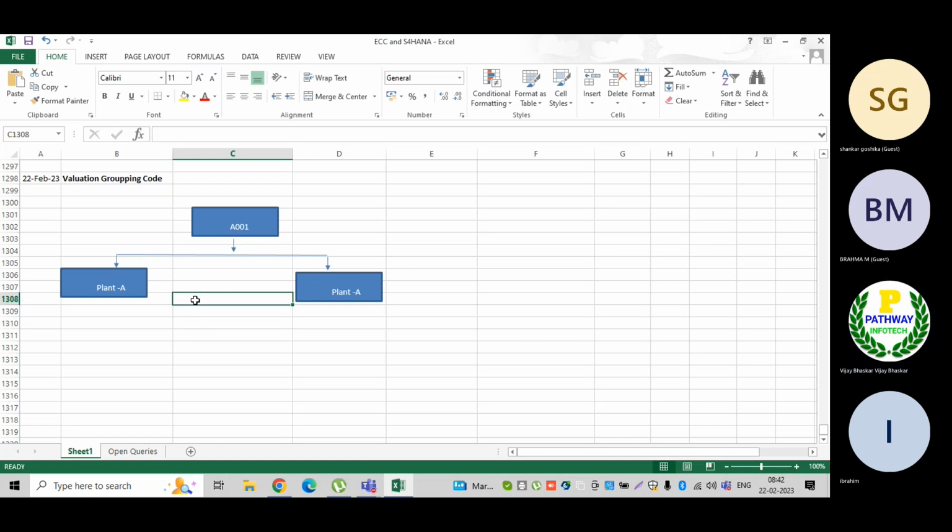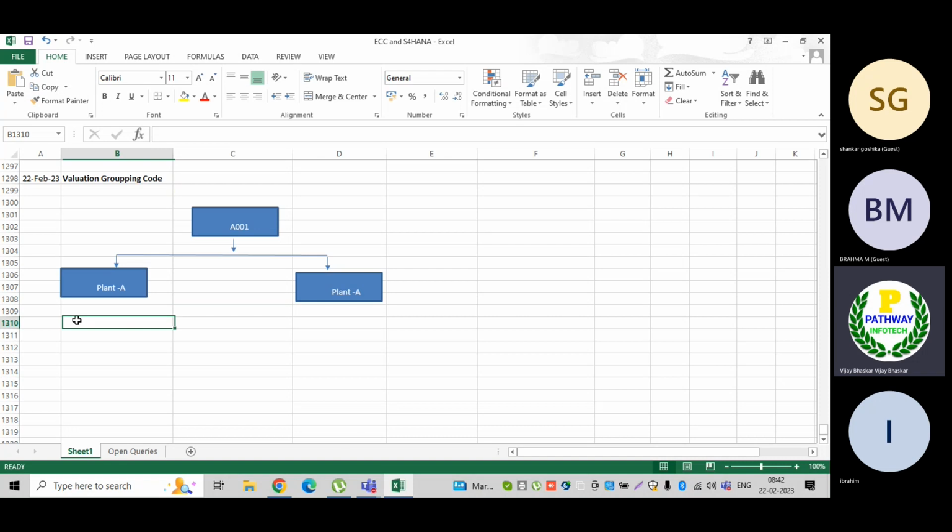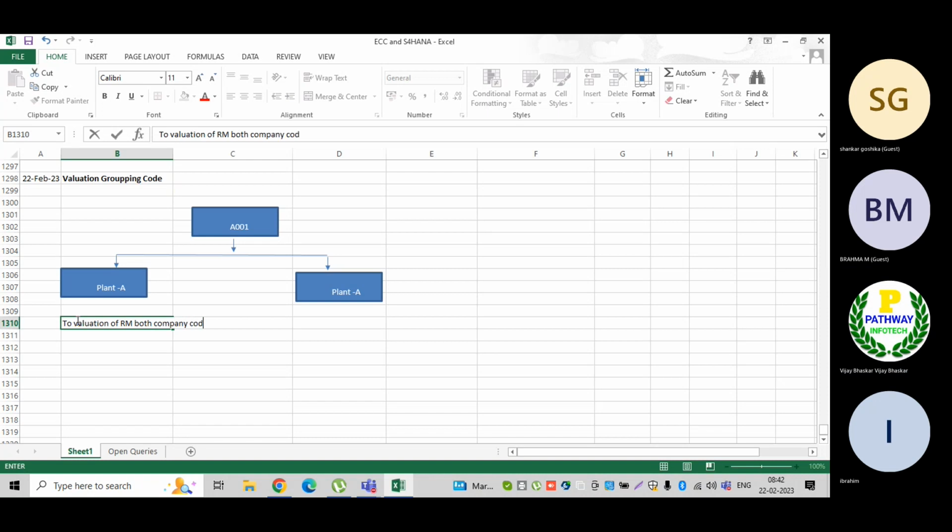Now let us assume that for valuation of raw material, both plants are using the same GL account, whatever it may be.